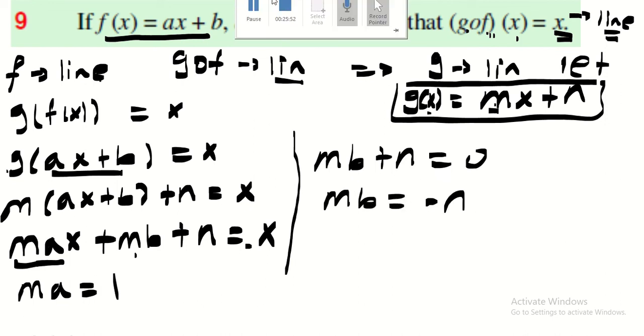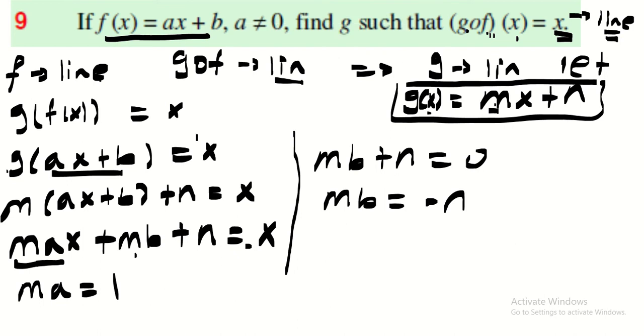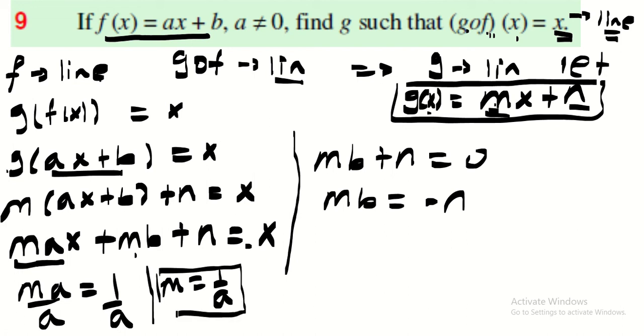Our objective is to get m and to get n. We can get m from here. We can divide by a on both sides. If you divide by a, m remains. m is equal to 1 over a. That is m in terms of a, because the a and the b are already known.